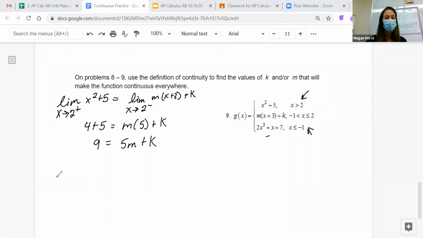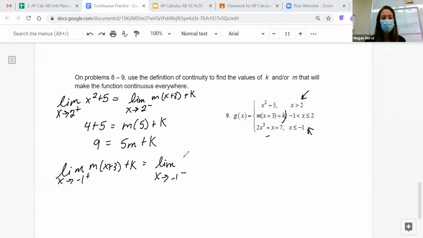Next, I'm going to look at the limit as x approaches -1. These are all the values that are greater than -1, so I'm coming from the right for this first expression, and that's m times x plus 3 plus k. That needs to be equal to the limit as x approaches -1 from the left of 2x cubed plus x plus 7.